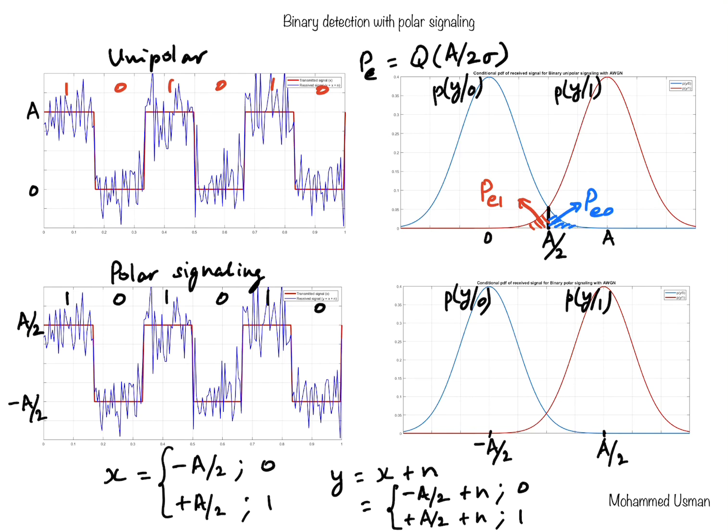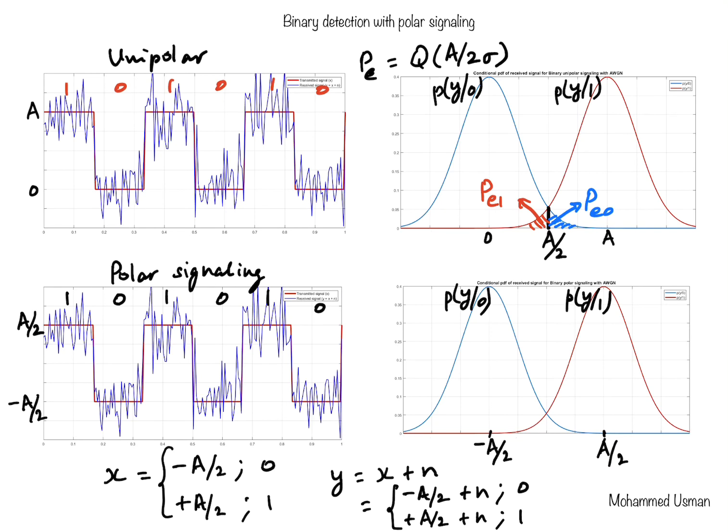In terms of the PDFs, for unipolar the conditional PDF for bit 0 is centered on 0, and when 1 is transmitted it is centered on A. But in polar signaling, these PDFs are centered on minus A by 2 and plus A by 2 respectively.